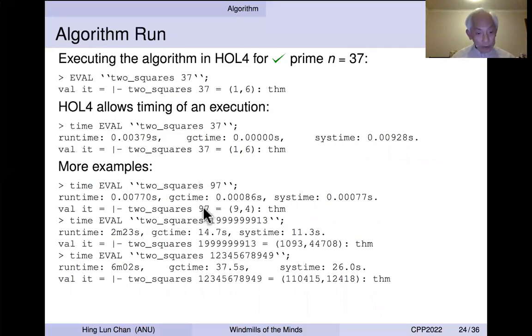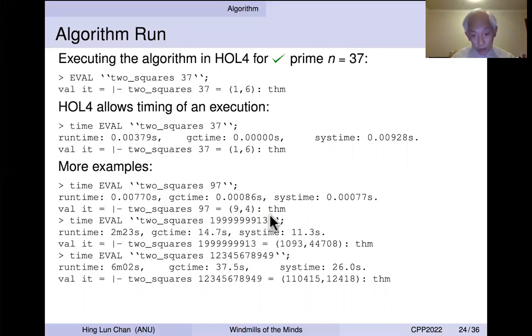For the number 97, it is still quite fast. For 97, it gives me the two numbers as 9 and 4, which means that 9 squared, 81, plus 4 squared, 16, is equal to 97.